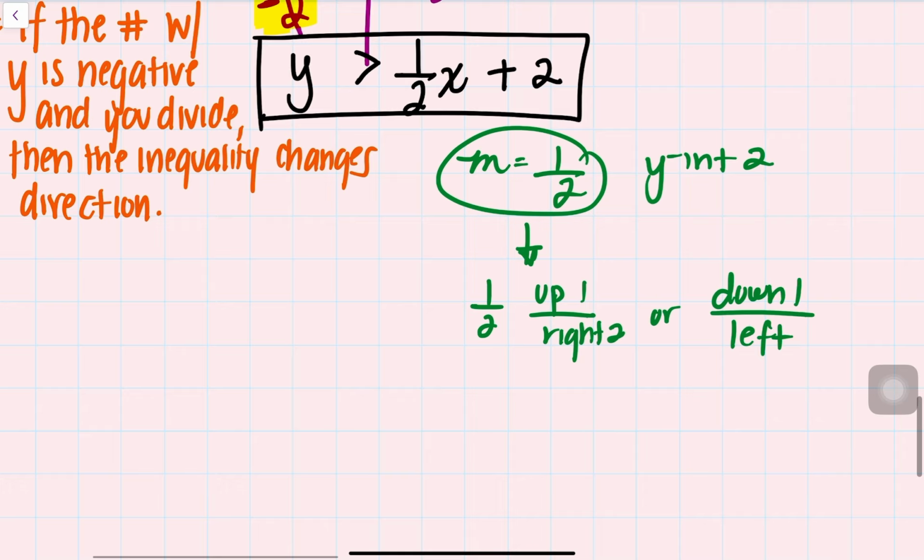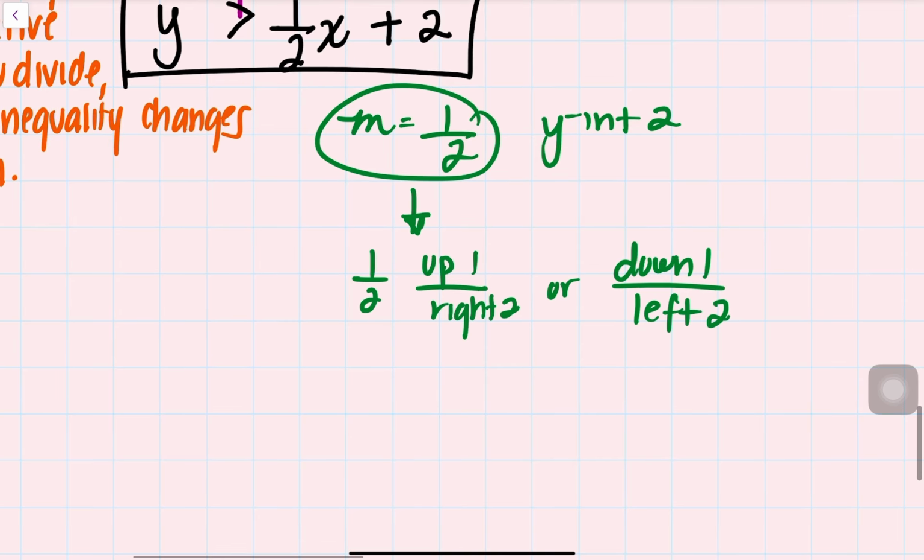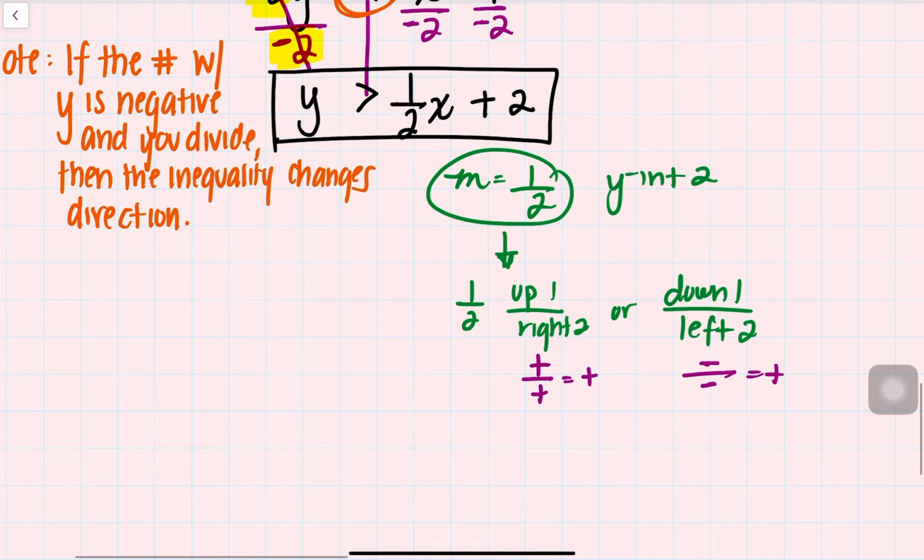And how this works is, we know that if I do a positive divided by a positive, that's positive. And if I do a negative divided by a negative, that's also positive. So I could go either direction here, guys.